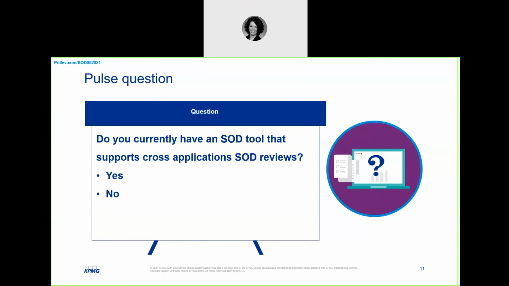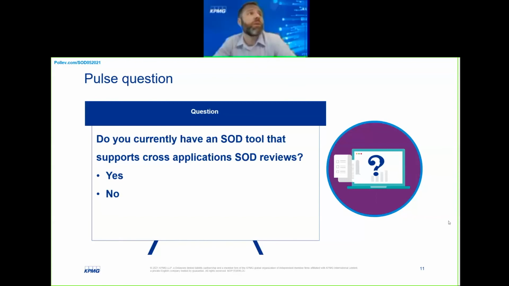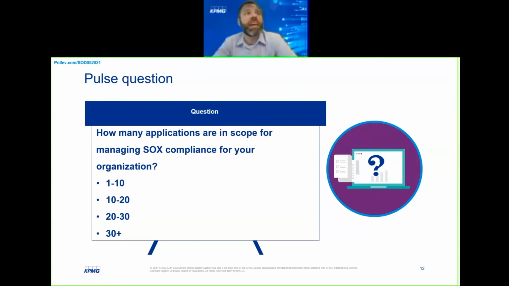And then that brings us to the next question that we have, which kind of goes hand in hand with this, which is how many applications are in scope for managing SOX compliance at your organization? Understanding, like Joe said, this goes beyond SOX, right? And the Queen's horses example is a good example of that. That wasn't really SOX, that was fraud risk that you're trying to do away with. But we do see it as a good litmus test, as SOX apps tend to be what drives what's in scope from an SOD standpoint for most organizations.